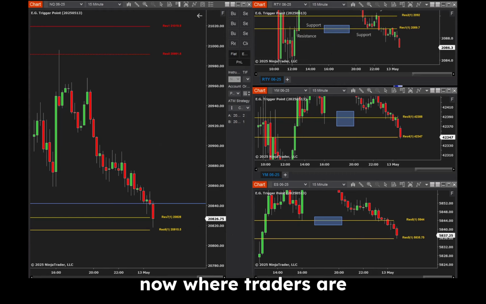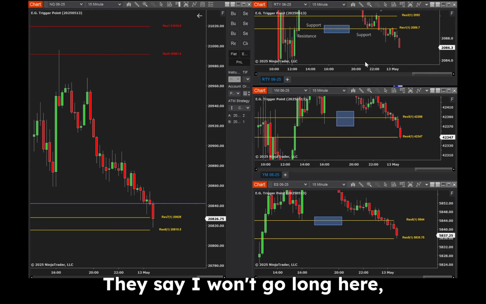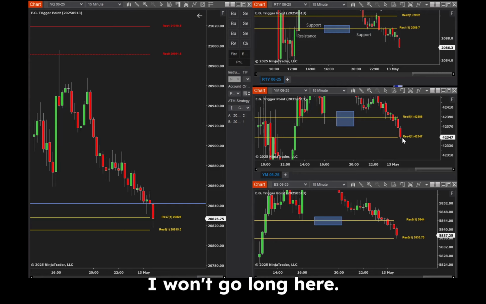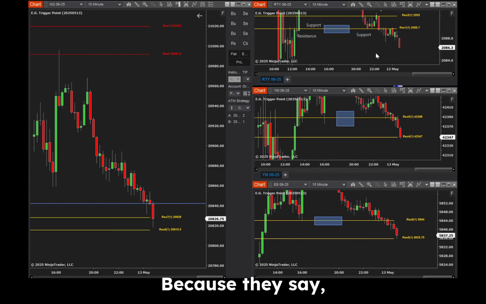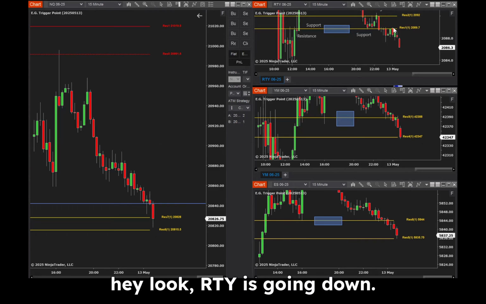Now, where traders are falling into traps, they say, I won't go long here, although they are at support level. Guys, when markets hit their support level, we expect the market to go up because it's a support level. So they don't take long here, although there are 3 instruments that agree. Why? Because they say, hey, look, RTY is going down.